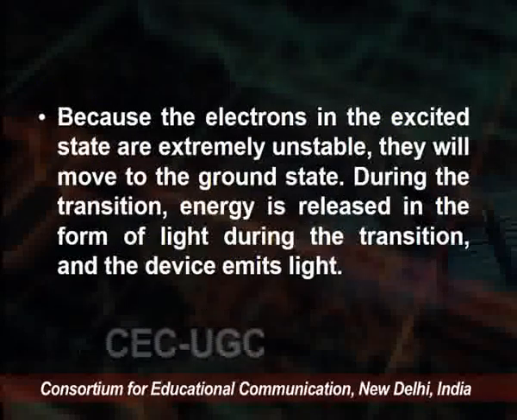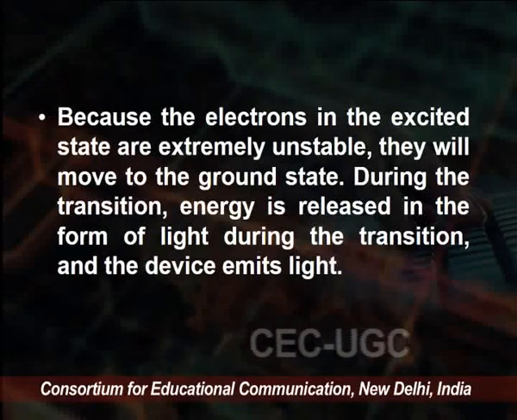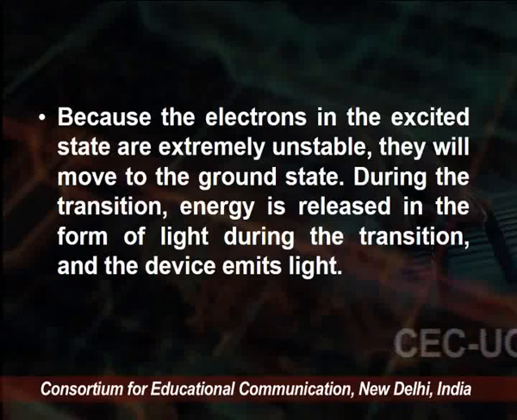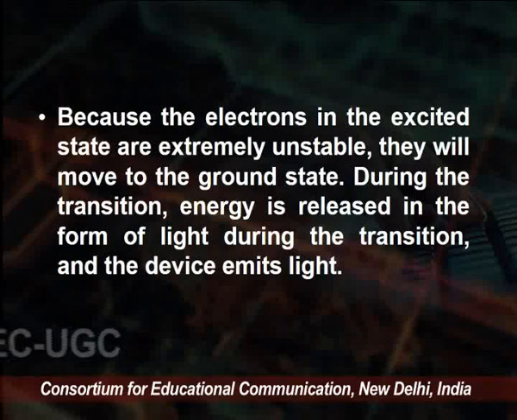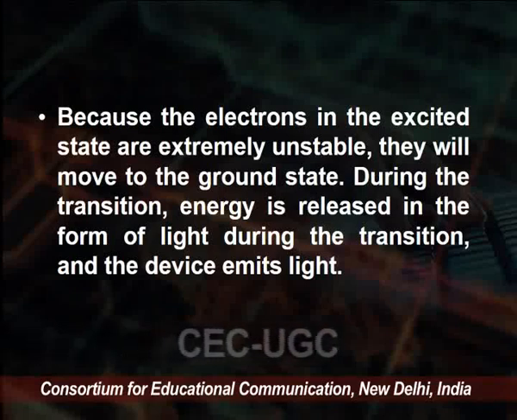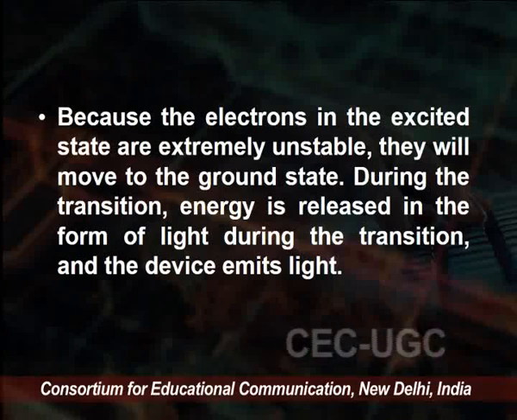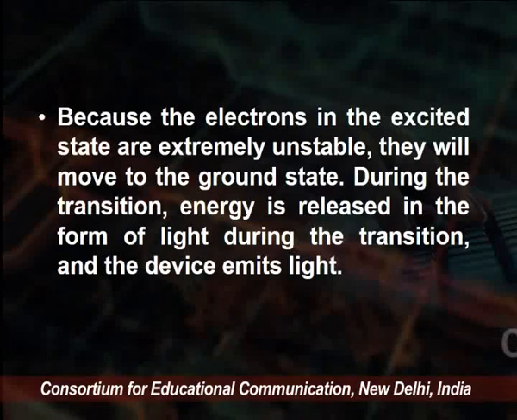The electrons in the excited state are extremely unstable and they will move back to the ground state during the transition. Energy is released in the form of light during the transition, and the device emits light. In this manner we can get the light from the arrangement.